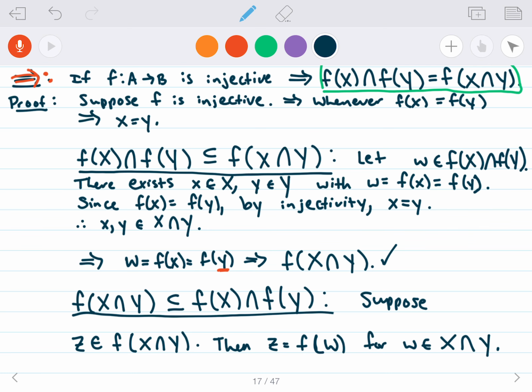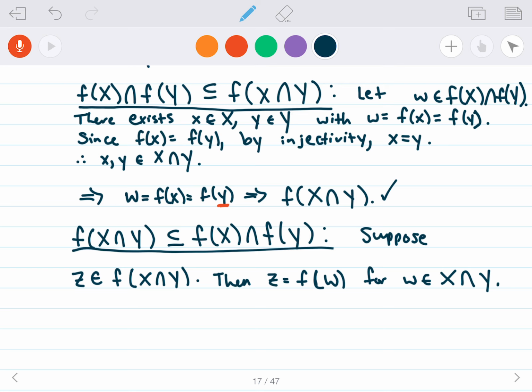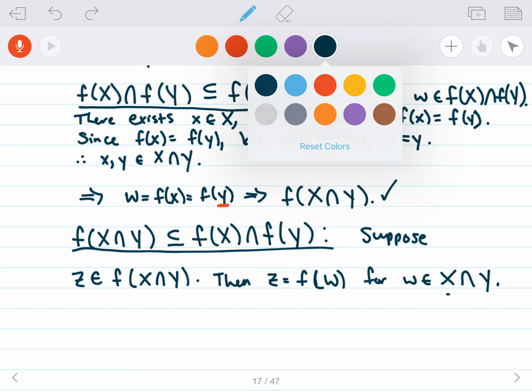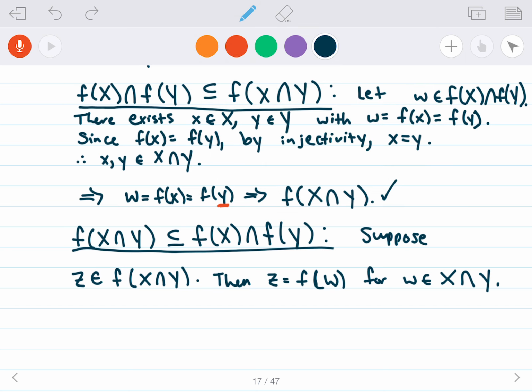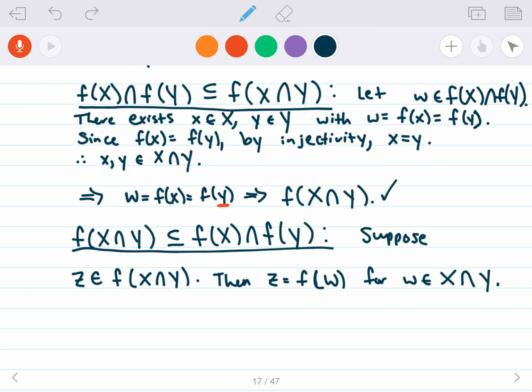If z is in the image of this function evaluated at X intersect Y, then it's going to be equal to f of w, where that w is in the intersection of X and Y. So just using the definitions here.